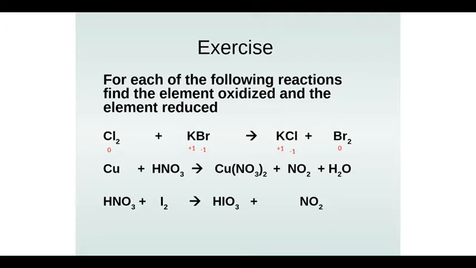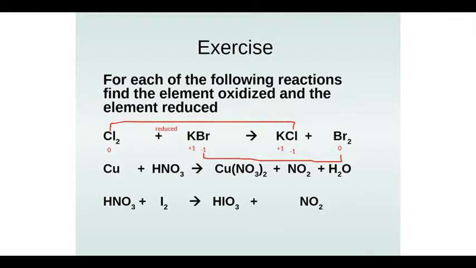If you look from one side to the other, chlorine is going down and bromine is going up, because -1 to 0 is up. So chlorine is reduced and bromine is oxidized, because it went up in oxidation number. That is our only thing we are concerned about at this time. If it's going up or if it's going down, that's it.